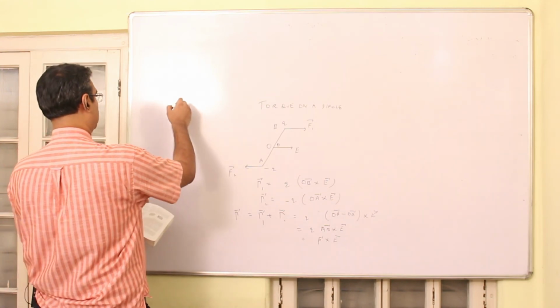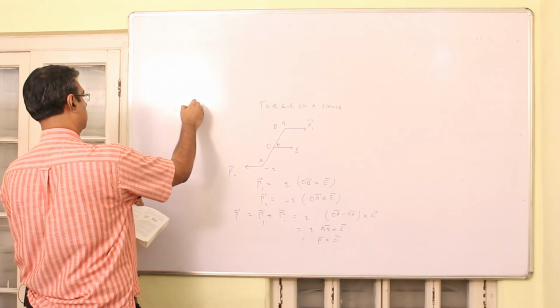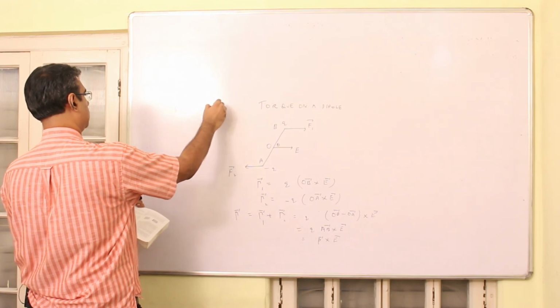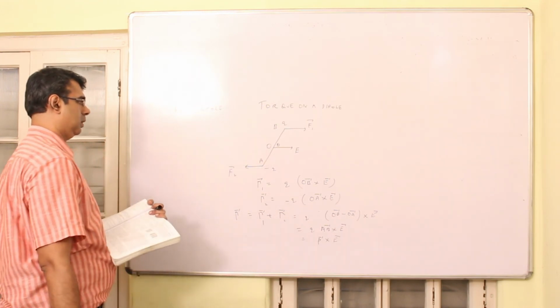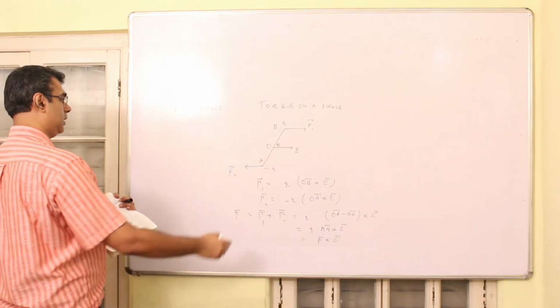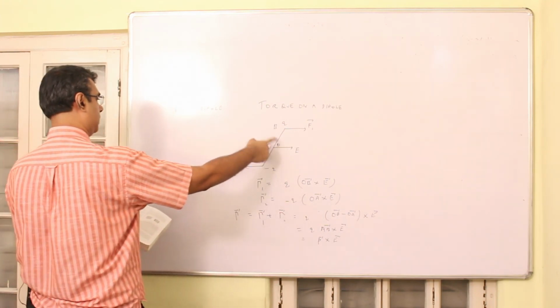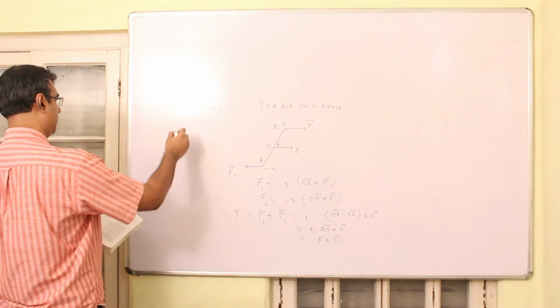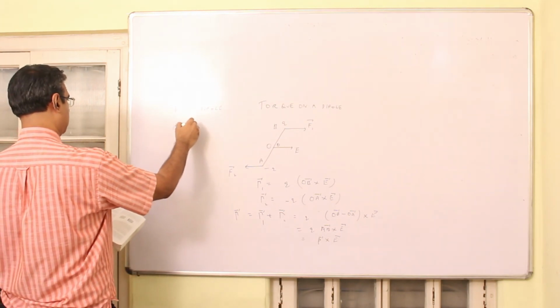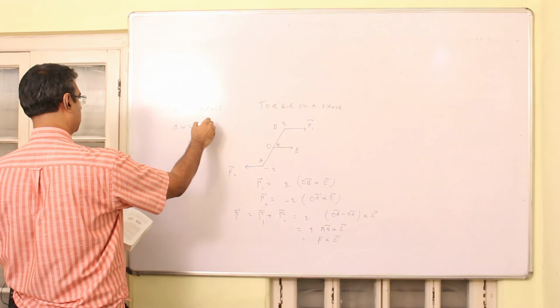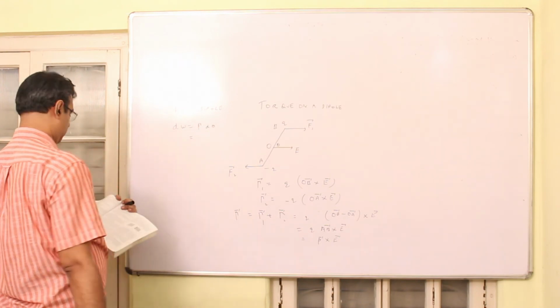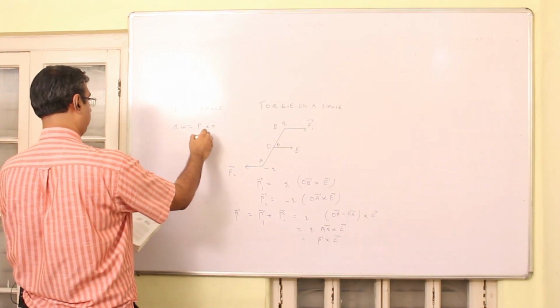Now suppose you want to find the potential energy of the dipole in this situation. So imagine that an external agent has turned the dipole anti-clockwise by an angle d theta. So the work done by the external agent is torque d theta.